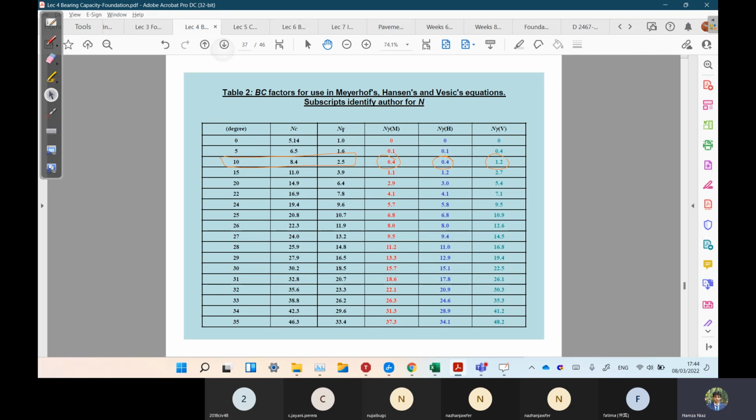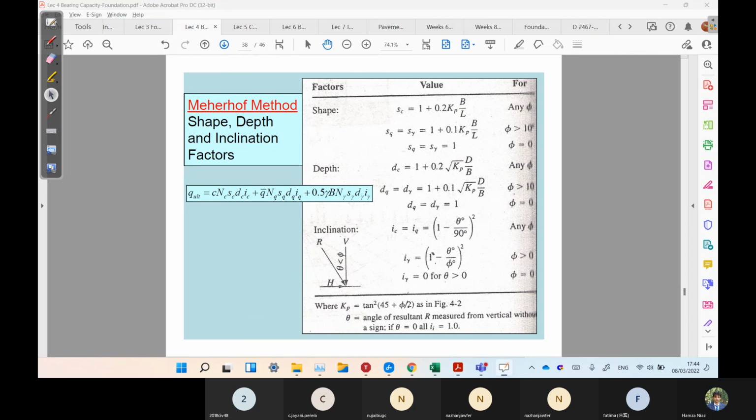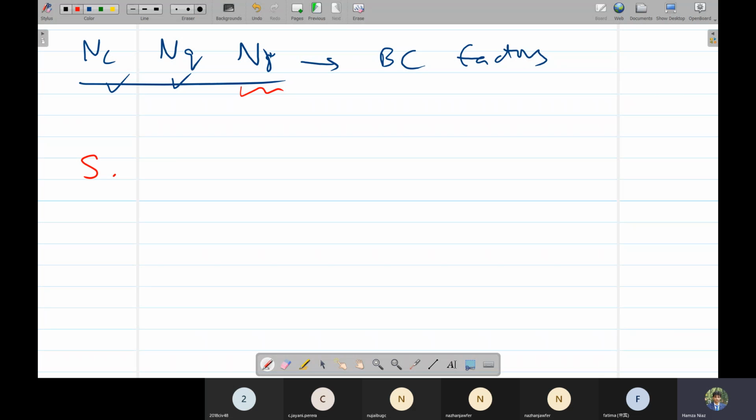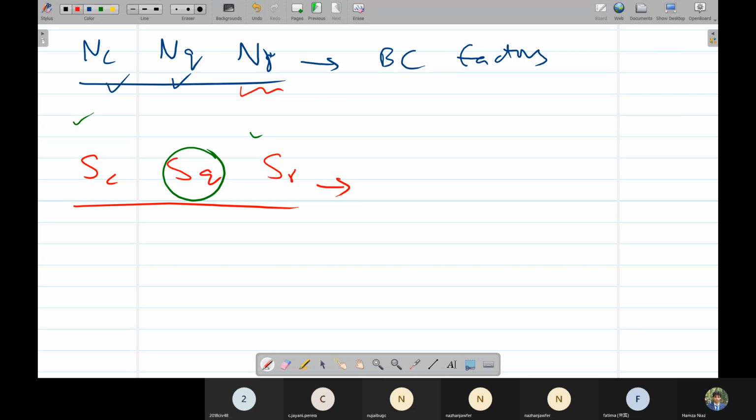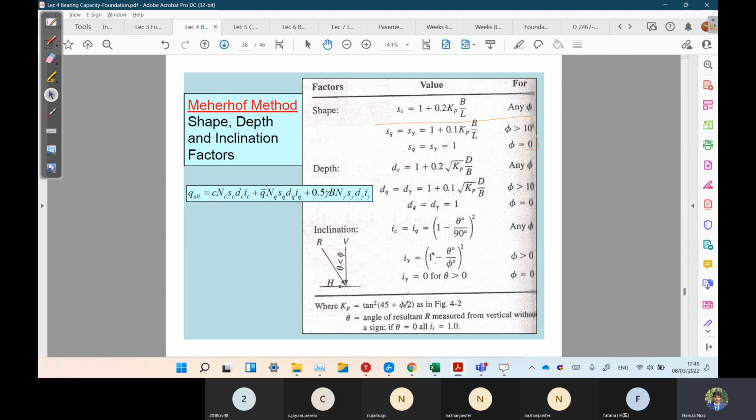Just take these values. The second one is shape factors. We have S c, S q, and S gamma. Remember that S q was not present previously in Terzaghi's equation. Only S c and S gamma were present. Now they have also used the S q value. S q and S gamma values would always be the same. If phi is equal to 0, that means the soil is purely clay, so the value would be 1.